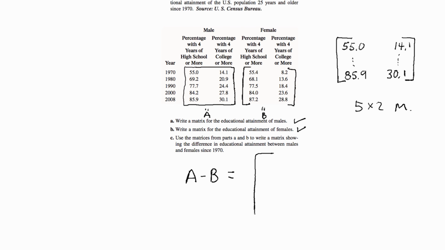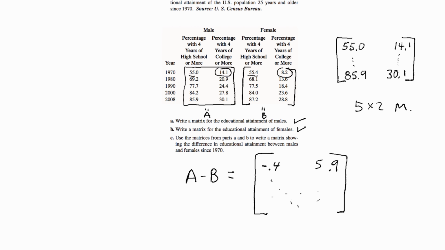So the difference would be, let's see, 55 minus 55.4, I would get a minus 0.4 in the first entry. Then right here, if I took my 14.1 and subtracted 8.2, I get 5.9. Is that right? Yeah, I guess that's right. And et cetera, et cetera.